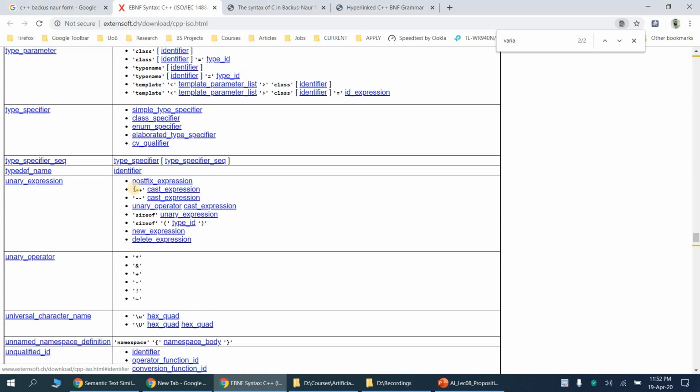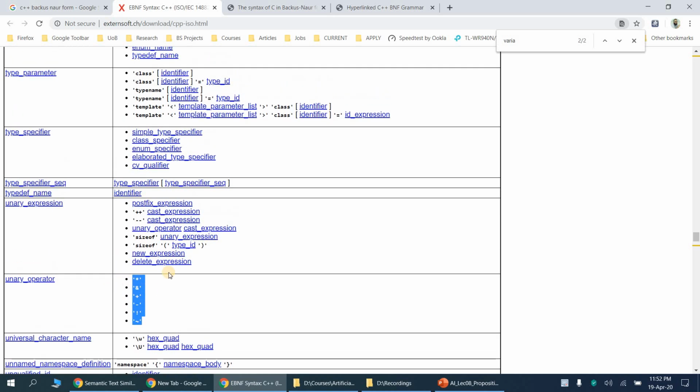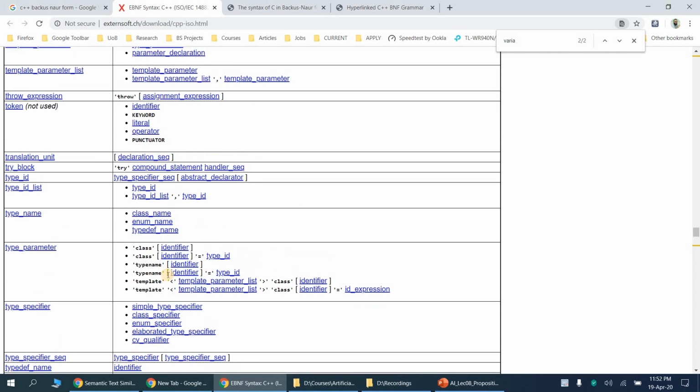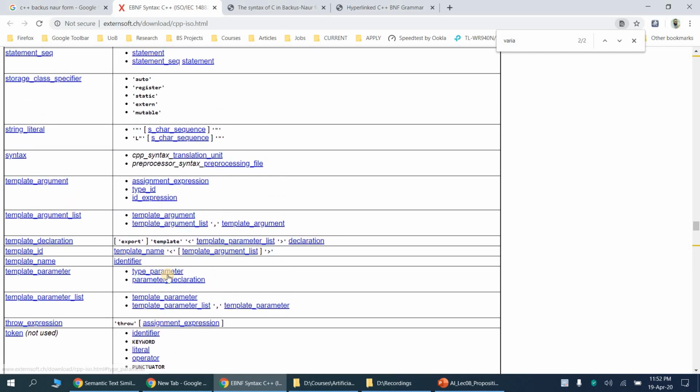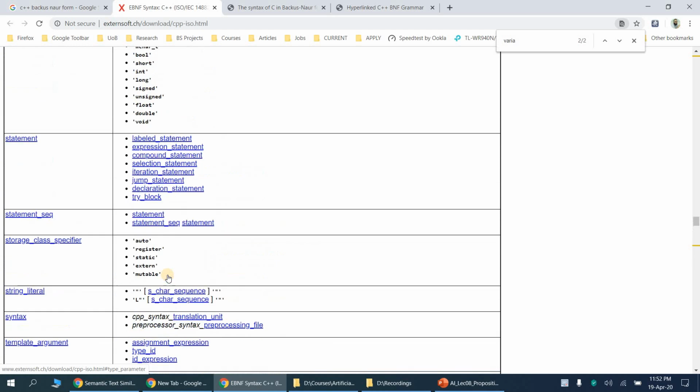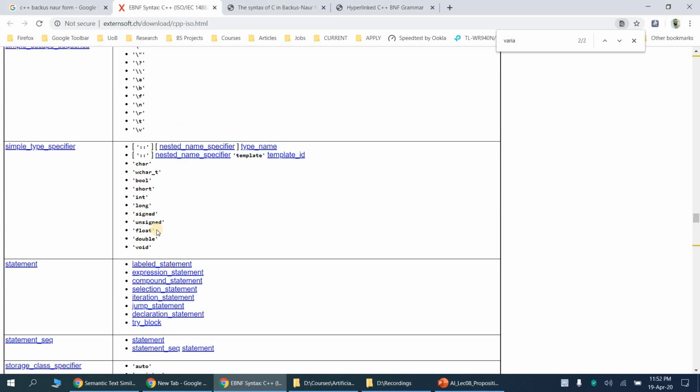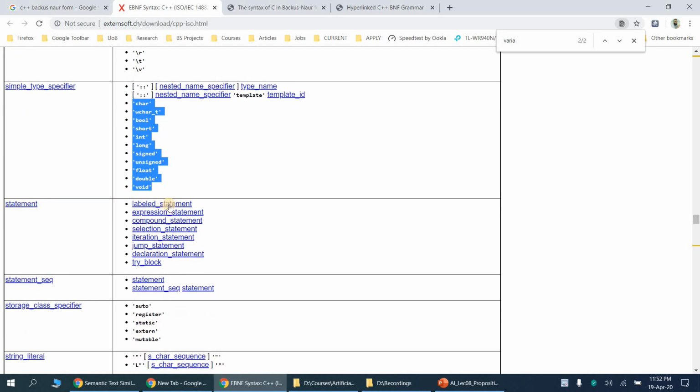No, it's not given. So these are the operators that are allowed in this language, the unary operators. Then there will be other operators, binary operators. These are the data types that are allowed in this language. So data types are given over here. A statement can be a labeled statement.